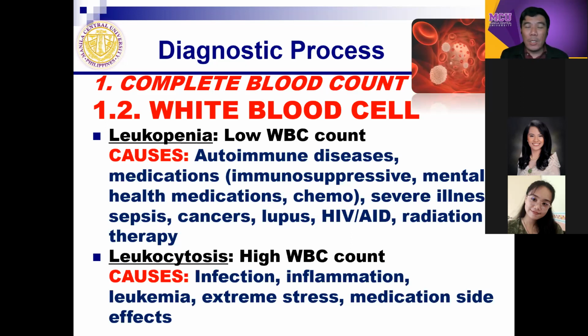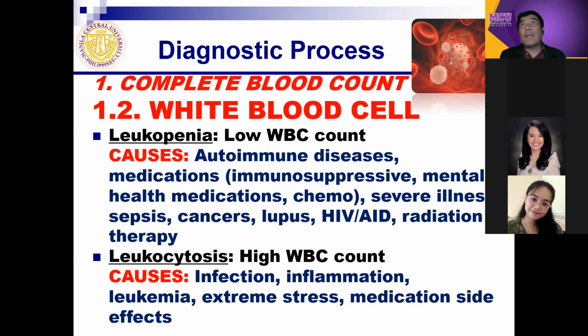So, kaya if the patient is diagnosed, expect that the client is having leukopenia. Or if the client underwent a specific therapy such as radiation therapy, chemotherapy, and usually mga mental health medications, nakakapagpababa yan ng WBC. Kaya prone sila po sa mga concerns natin when it comes to the immune system.